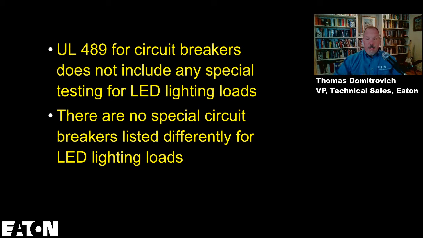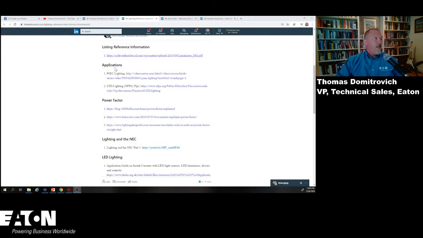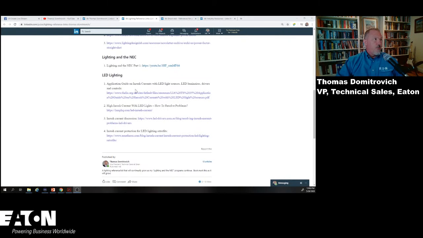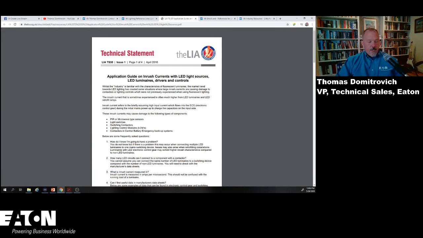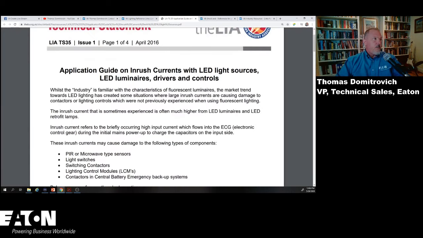Having said that, I'm going to go down here to these references. I've got 4 references around inrush currents on LED circuits, and I'll call each of those up. Here is an application guide on inrush currents with LED light sources.